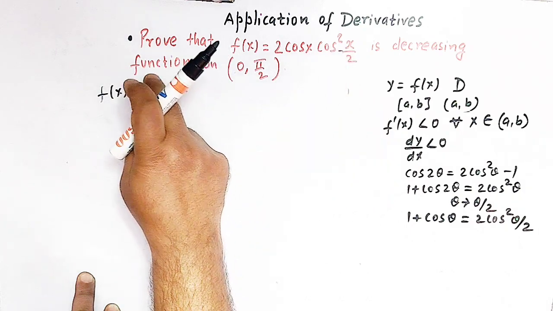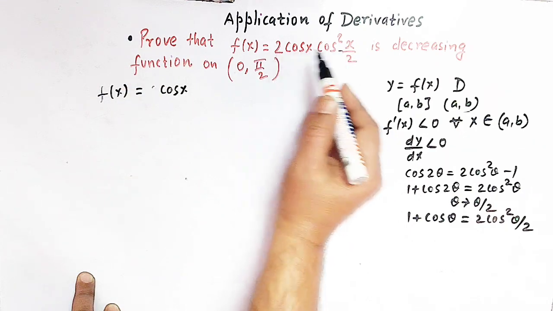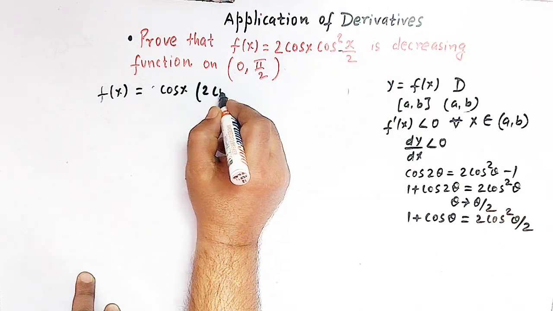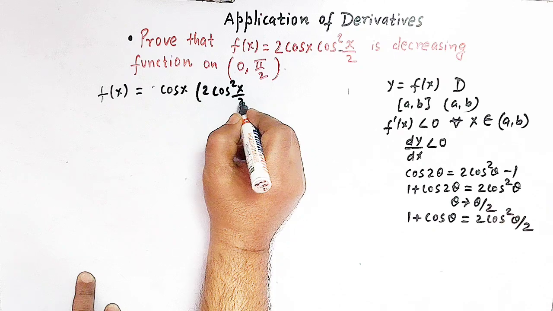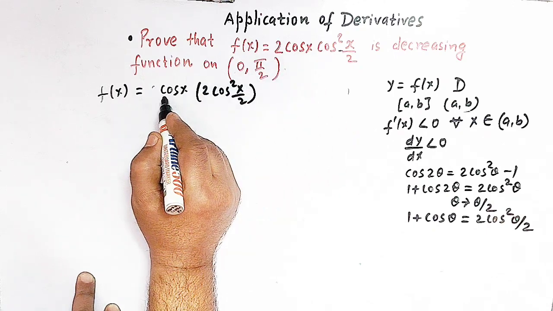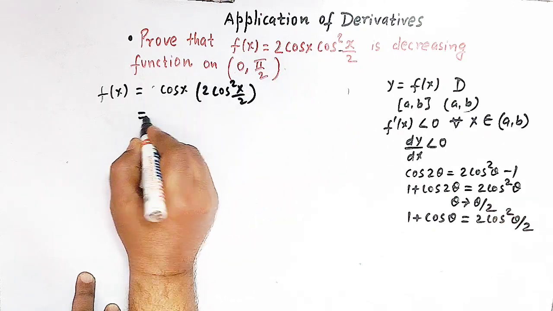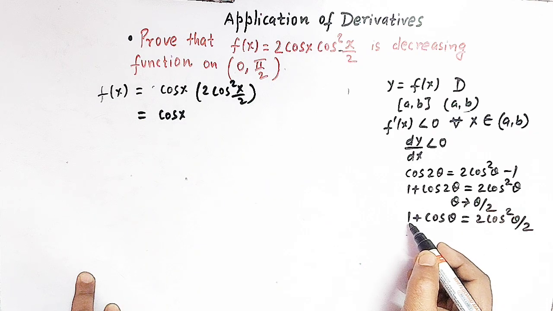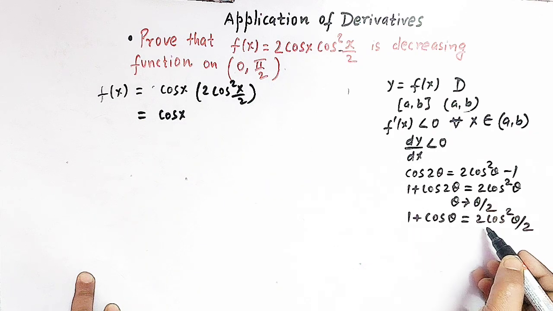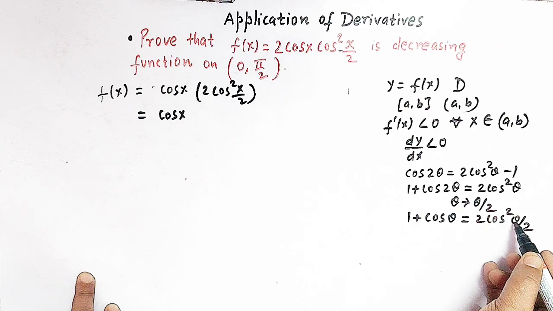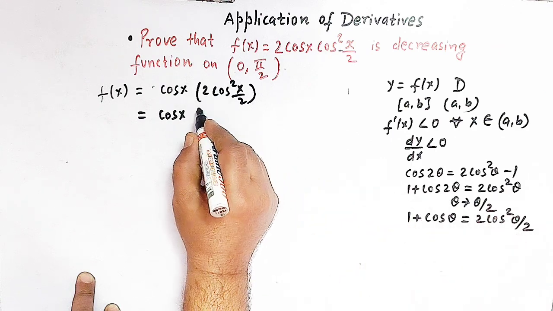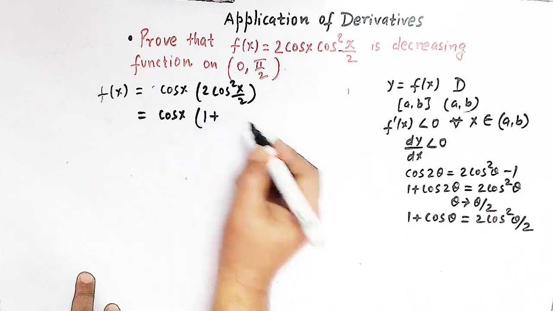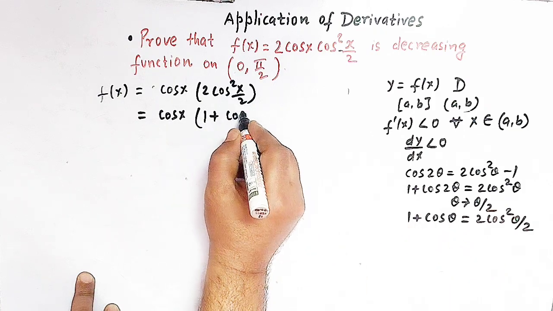So here we have 2 cos x cos square x over 2. So let us combine 2 and cos square x over 2. So here we have 2 cos square x over 2, and here we have cos of x. So now using this identity, that is 1 plus cos theta is equal to 2 times cos square theta over 2, we can now replace 2 cos square x over 2 by 1 plus cos x, right?